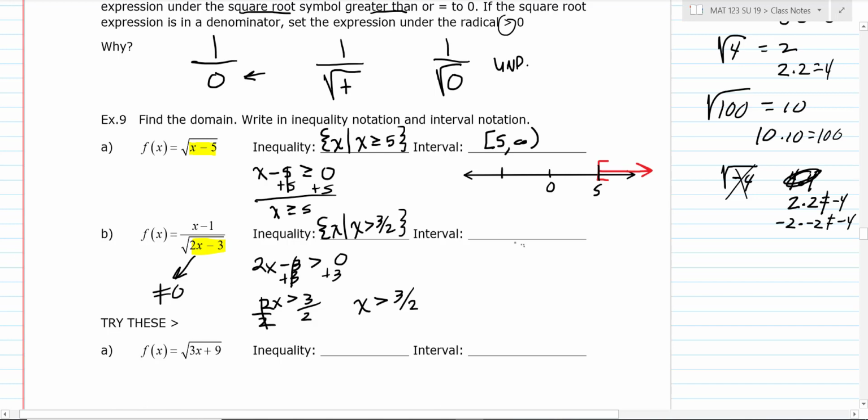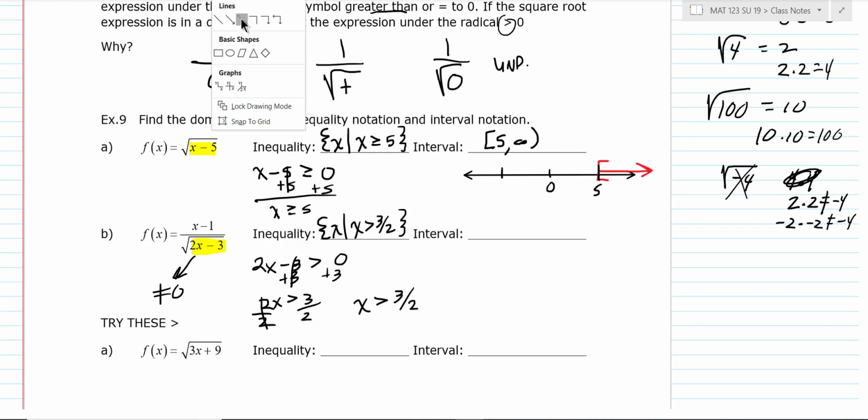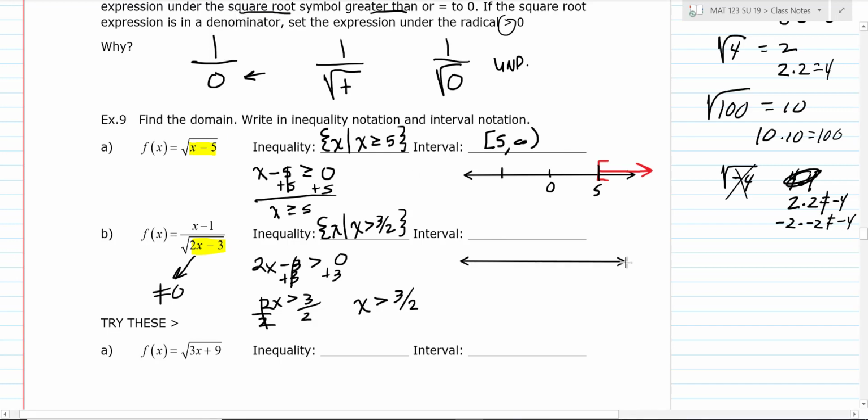Okay, for the interval notation, again, if you need to do a number line, you can, but you don't have to. The idea with this is you've got 0, you got 1, you got 2. So this is 3 halves, which is 1.5.